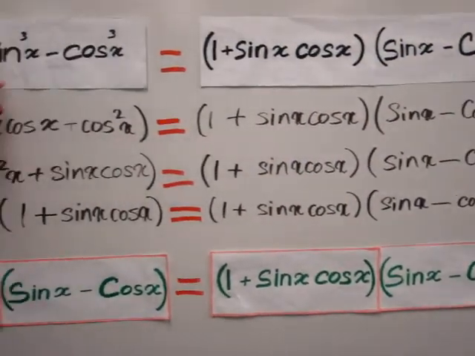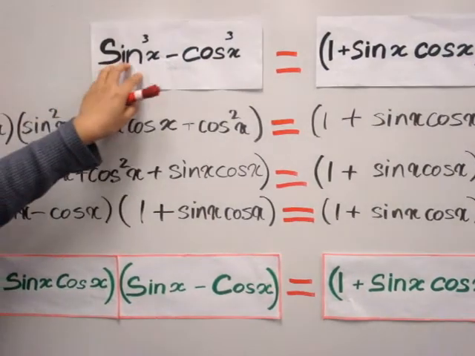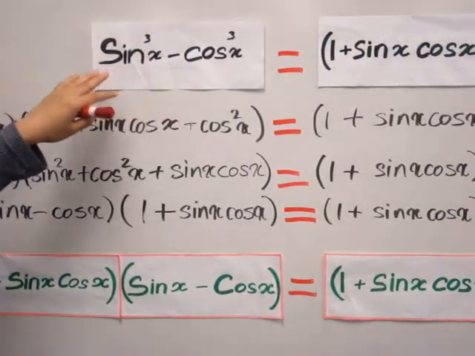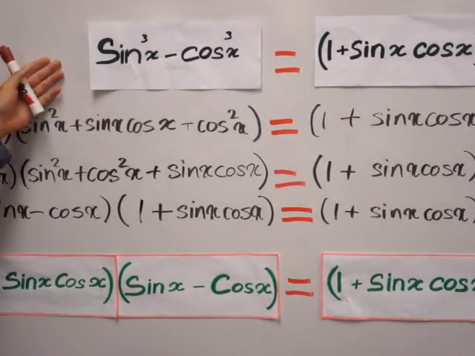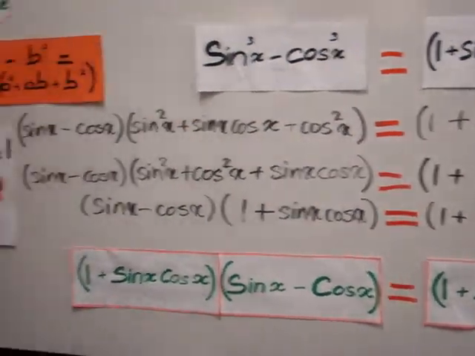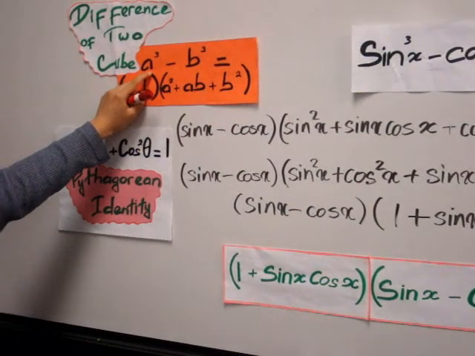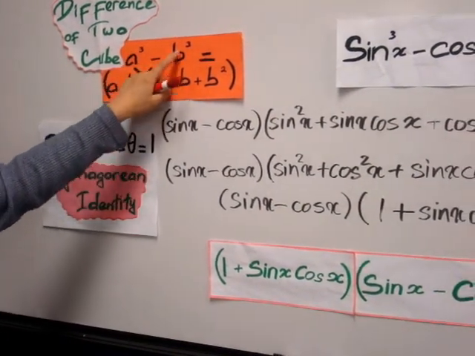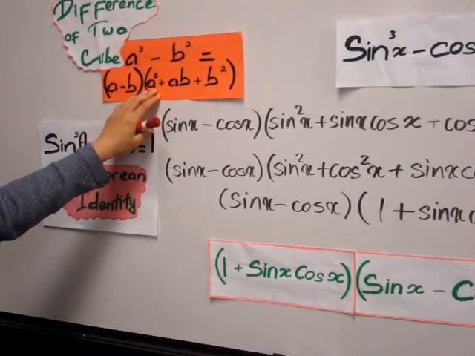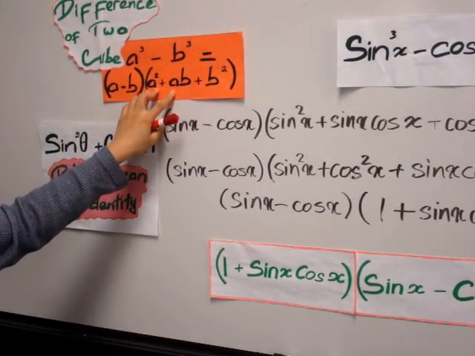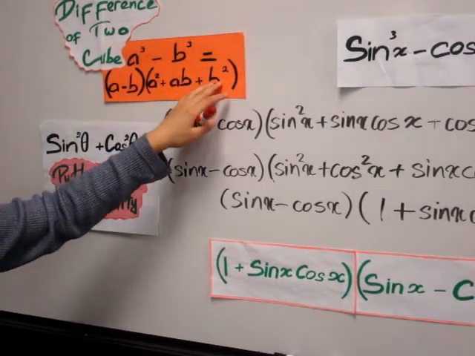This is the formula for the difference of two cubes: a cubed minus b cubed equals a minus b times a squared plus ab plus b squared.